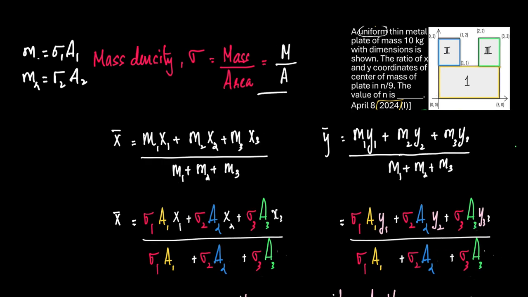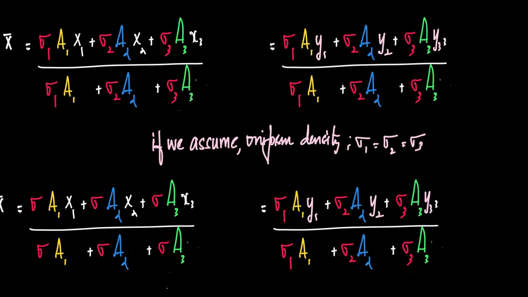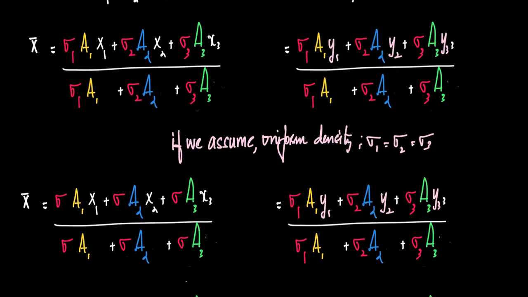Now, if we assume that the plate is of uniform density, then we know that sigma 1 should be equal to sigma 2 equal to sigma 3, which can be written as sigma.